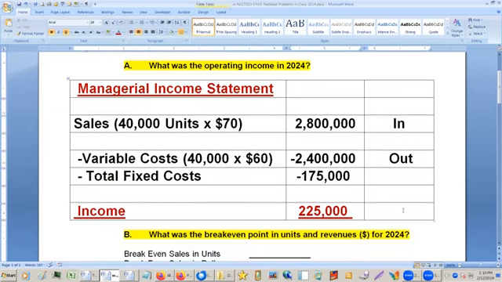It's 225,000. So is 40,000 the break even? Are we making zero income at 40,000?